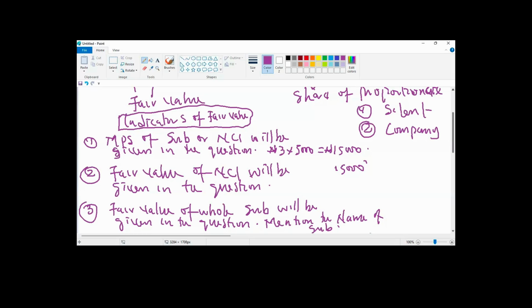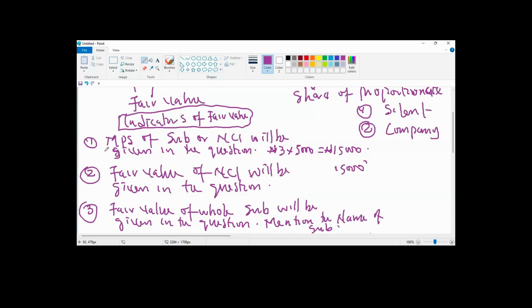Now, look at it. Any goodwill I have derived when NCI is valued at fair value, which can be one of these four, the goodwill belongs to both the parent and NCI. Let me repeat myself.